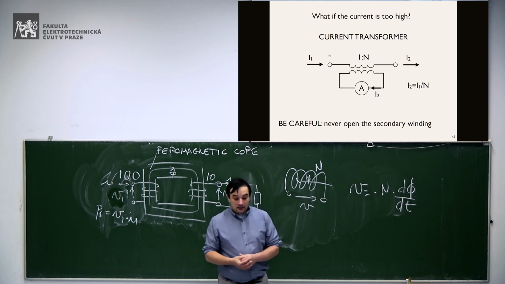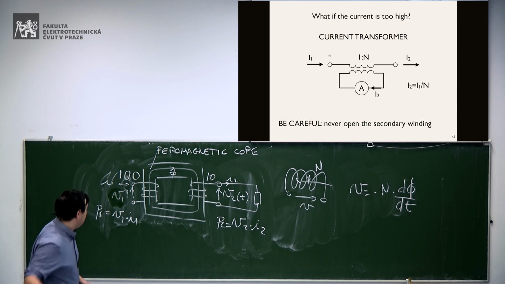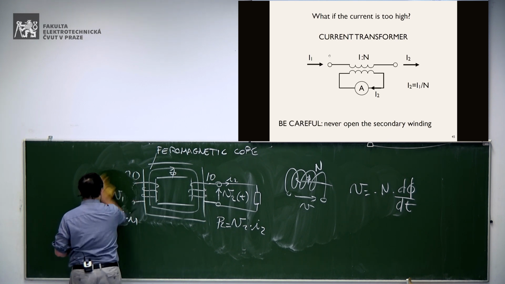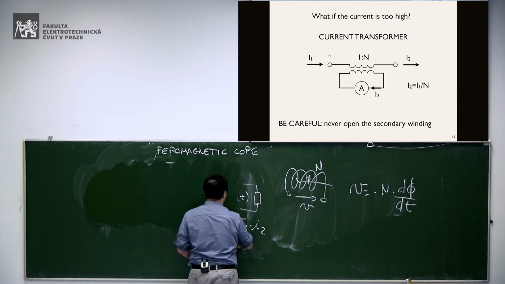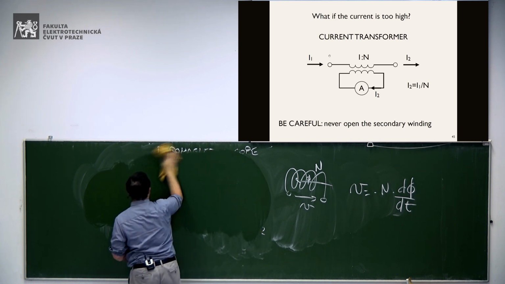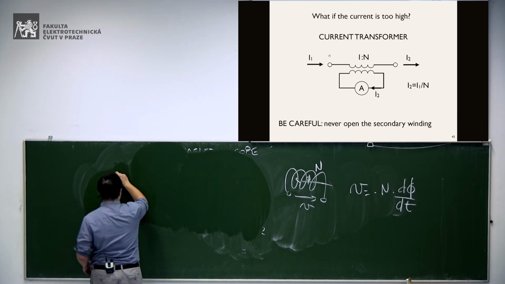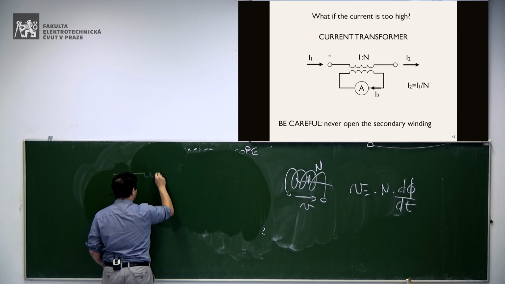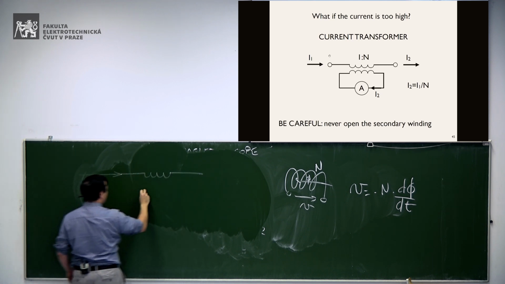Now, at the output, therefore, you have this transformer. You inject the current. Here you have all your system.